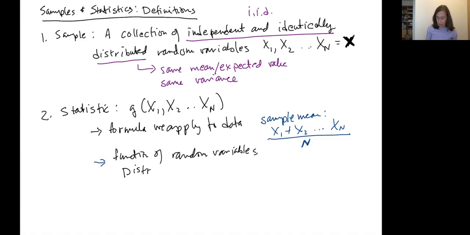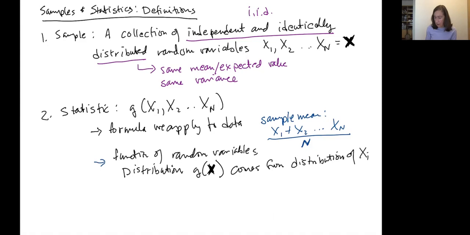And the distribution of the statistic, say G of X here, again, making a boldface X to denote that that's the vector of observations on X. So the distribution of the statistic comes from the distribution of the X sub i's. Okay.